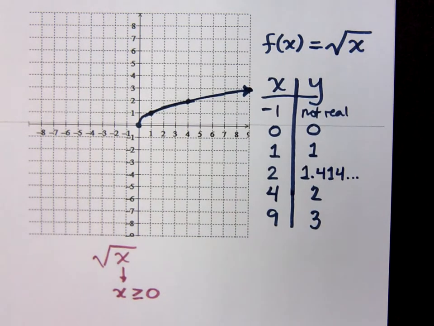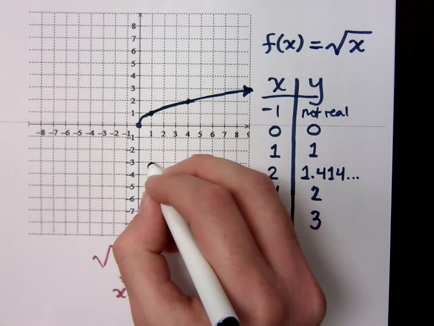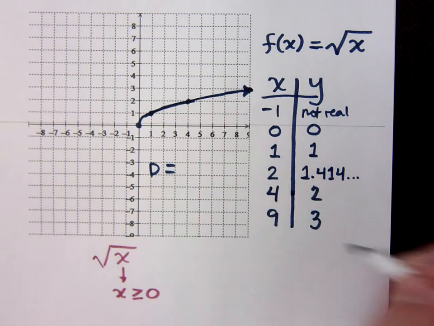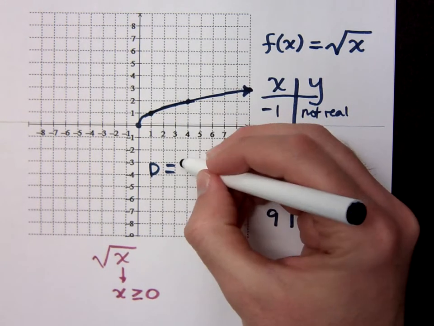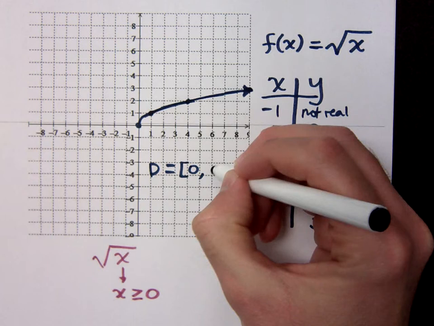I have this shape right here. What can you tell me about the domain for this guy? The domain is the set of the x values. Well, okay, it's positive. 0 to infinity. So it's going to be including 0 going to infinity. Do you all agree?